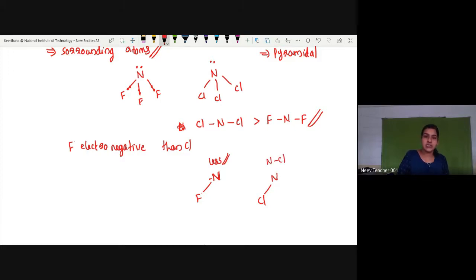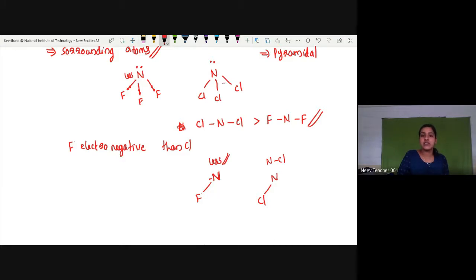Since the electron cloud around the central atom is less in NF3 as compared to NCl3, the repulsion will be minimum here, and here the repulsion will be greater.